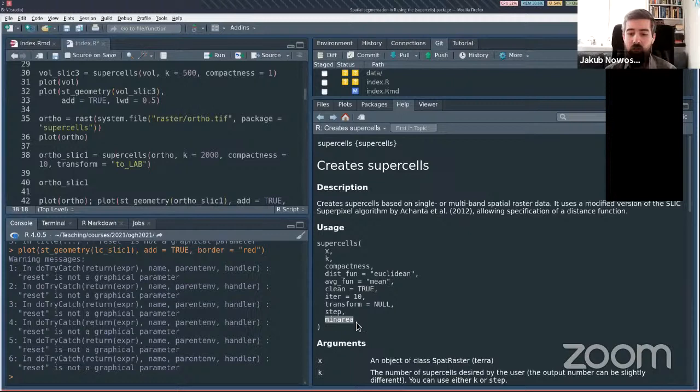But there is also a second option called mean area. If the cleaning option is true, you can specify the minimum possible area of my output superpixels. So for example, if I want to have very small superpixels, maybe of 3 raster cells, that's fine for me.